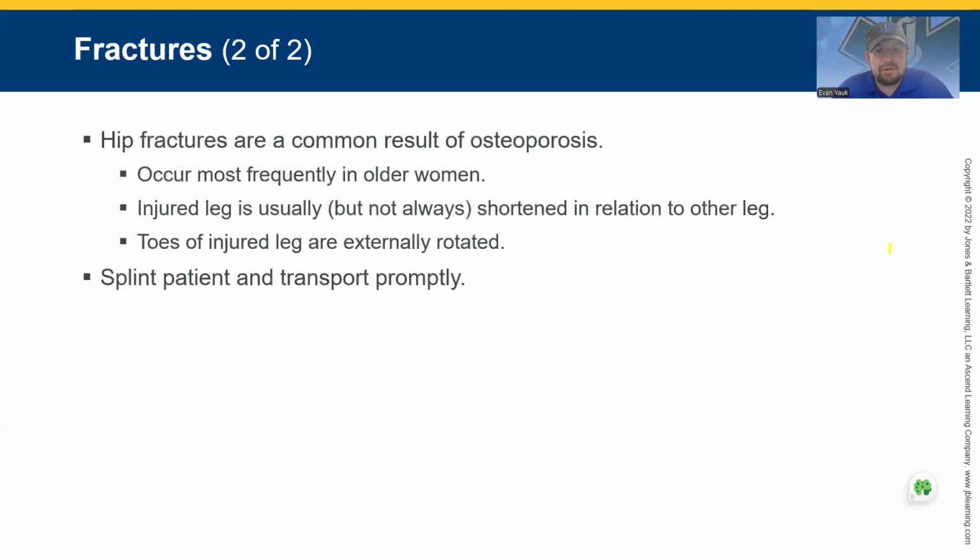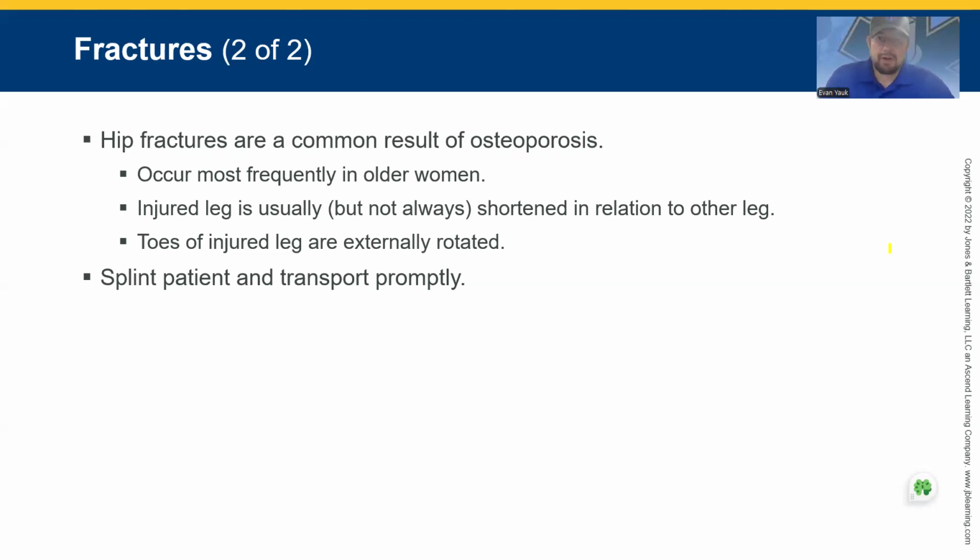Hip fractures are a common result of osteoporosis. It occurs most often in older women. The injured leg is usually, but not always, shortened in relation to the other leg, and the toes of the injured leg are externally rotated.